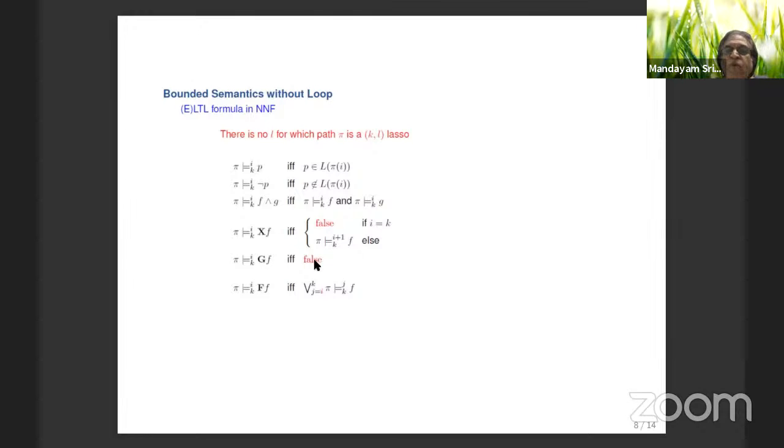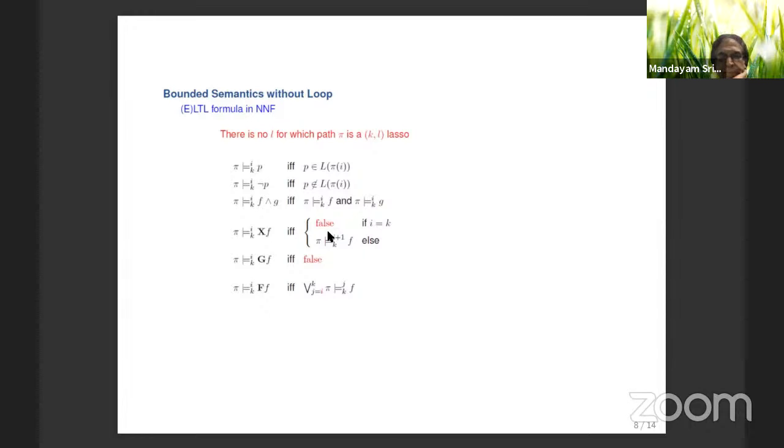Otherwise, I just return false. Whereas for F of f, it is okay. If it is true in any one of the states up to k, it can be true, and beyond that, I don't know. If it is not true starting from I to k, then this can also return false. So in all the cases where you cannot tell precisely, this says false. That's how it is handled.